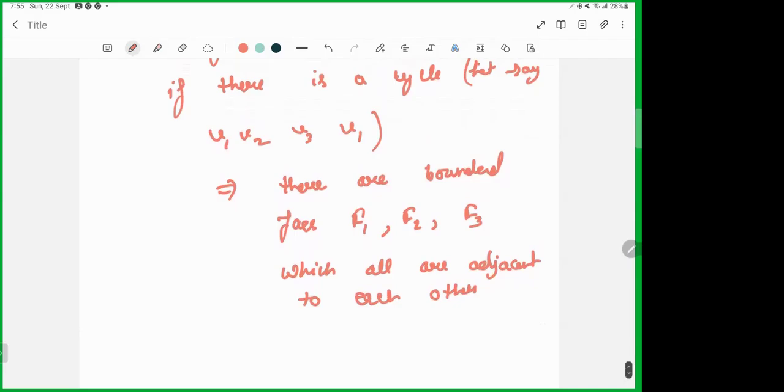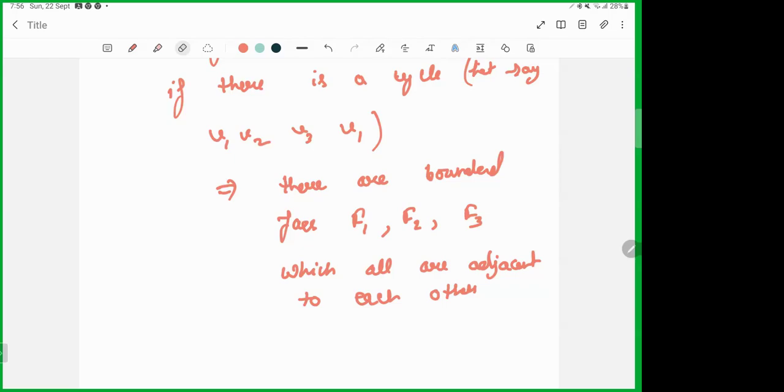If we write it as if you go beyond F3, then it will not be correct. So we should say that there will be a face which is adjacent to at least one and at most two.